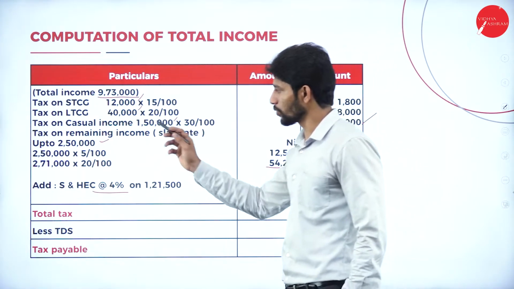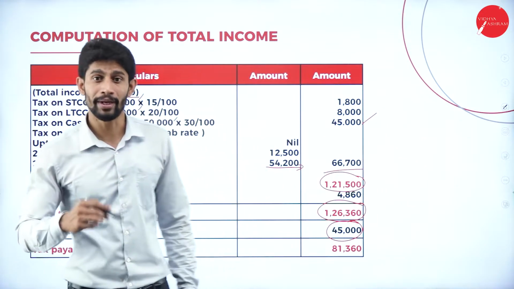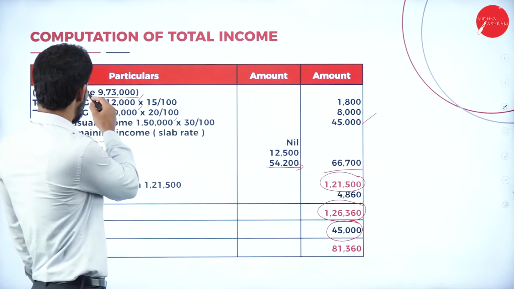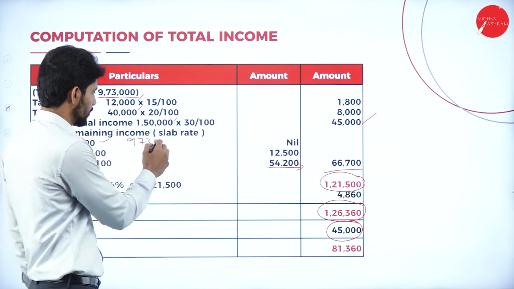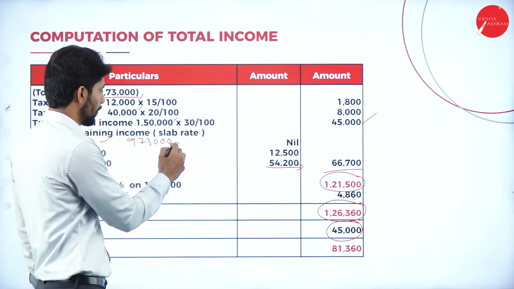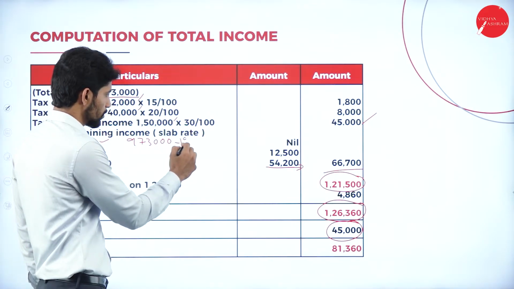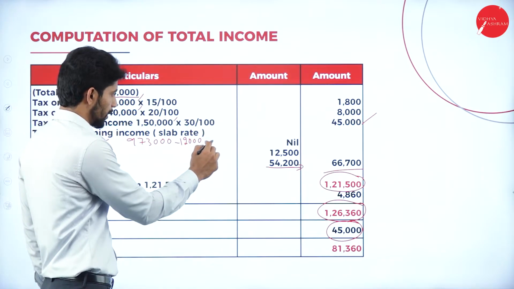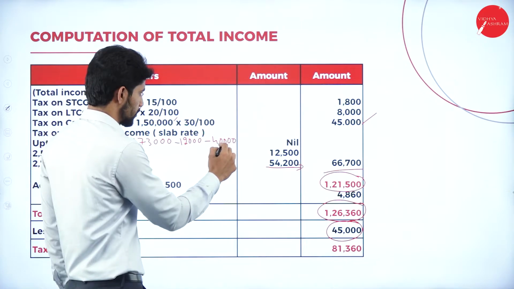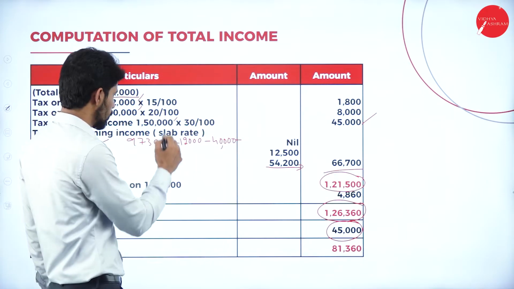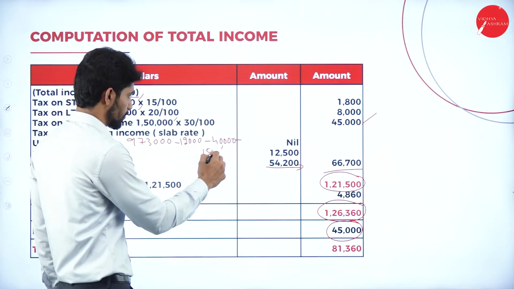So you may have a doubt: what is this tax on remaining income? See, our total income is 9,73,000. From this minus 12,000 rupees. Next minus 40,000 rupees. Next also minus rupees 1,50,000.